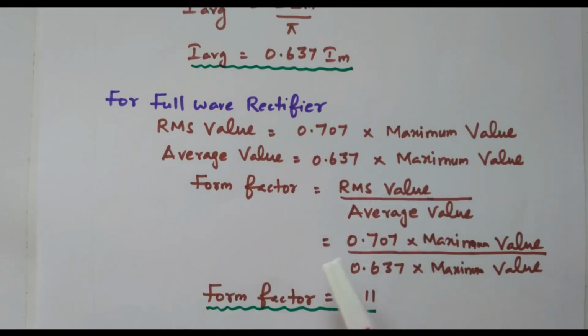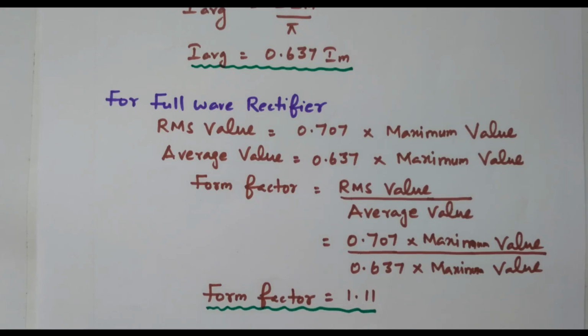We calculated both. The RMS value is 0.707 times the maximum value, Im. The average value is 0.637 times the maximum value, as we just calculated. So the maximum value got cancelled. 0.707 divided by 0.637 is 1.11. So the form factor for the full wave rectifier is 1.11.